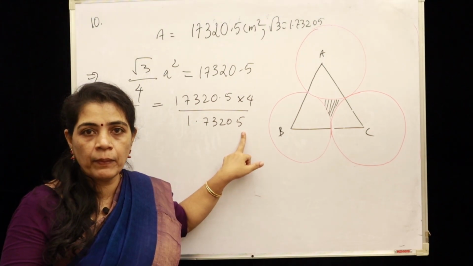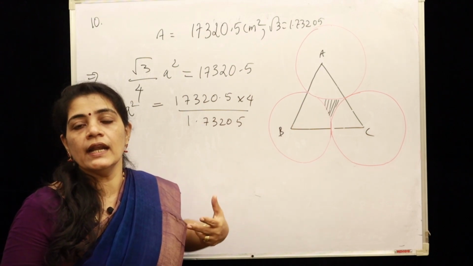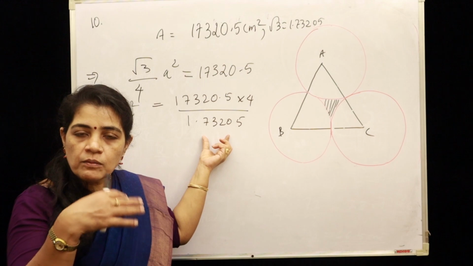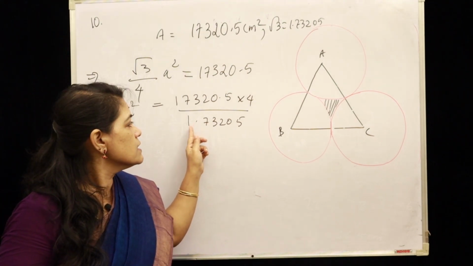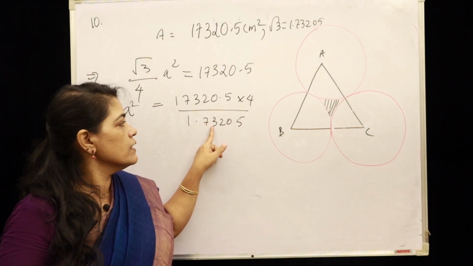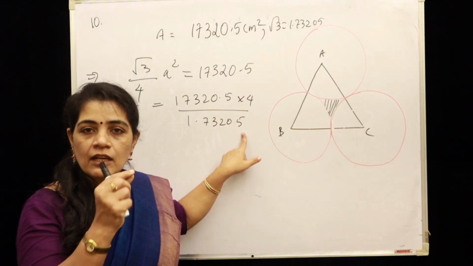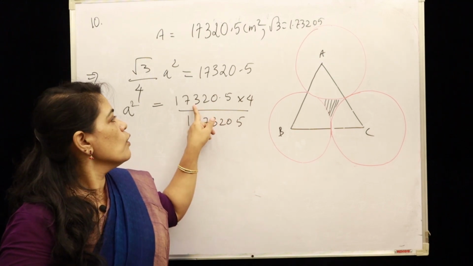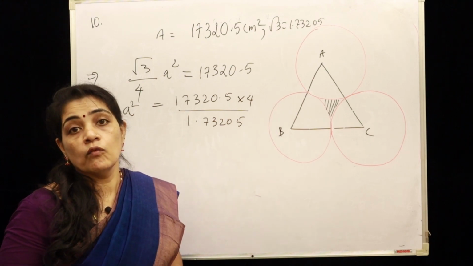That is, we multiply this fraction by 1 lakh on numerator and denominator. The denominator will become 1,73,205, since the decimal point shifts five places to the right, and accordingly the numerator also changes, multiplied by 1 lakh.